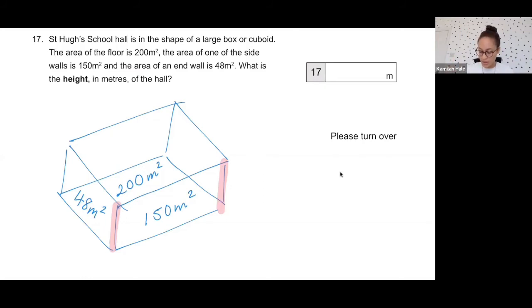So let's say the bottom is 8 meters and the side is 6 meters. Sorry, I wrote 60. I mean 6. So what times 6 would give you 150? I want to work out this measurement. So what times 6 gives 150? Work it out on paper, because I've got a wrong answer.